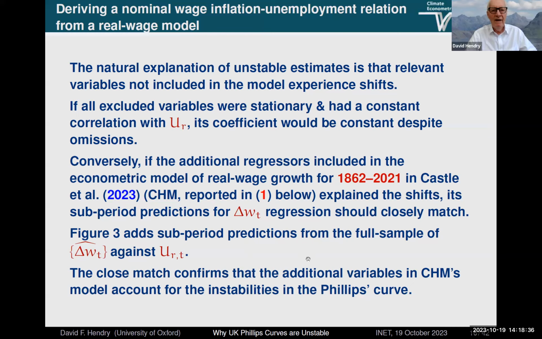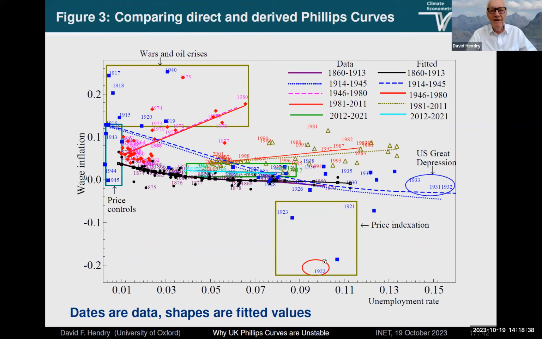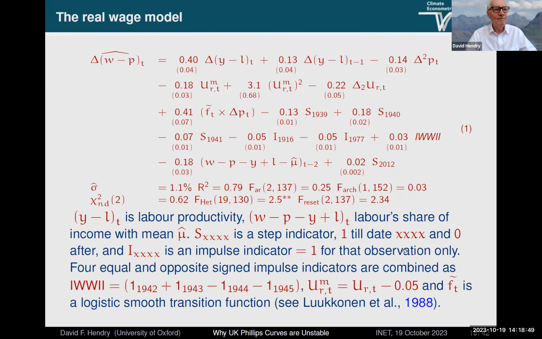But why? Since our model is constant, how do you get a constant model to correctly encompass a misspecified model that's shifting all over the place? Well, here's our real wage model. And don't black out, I'll explain it bit by bit.